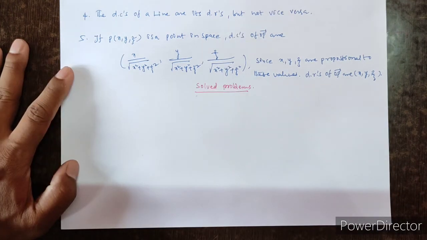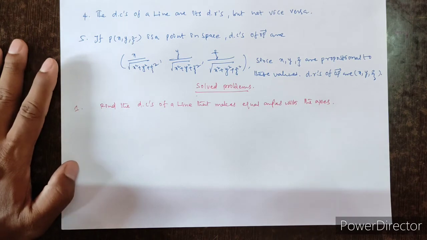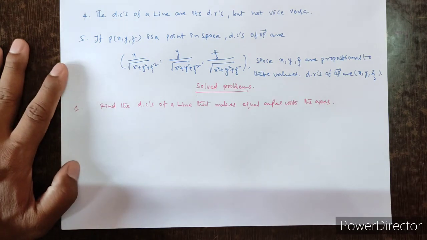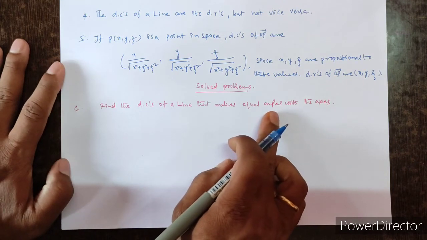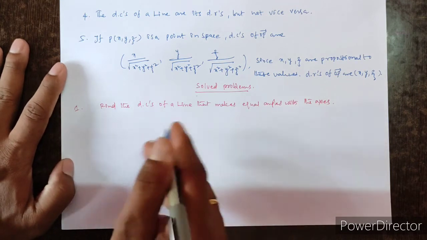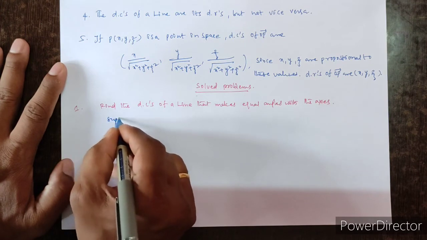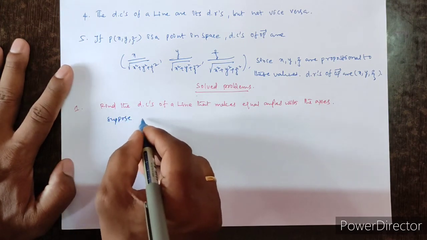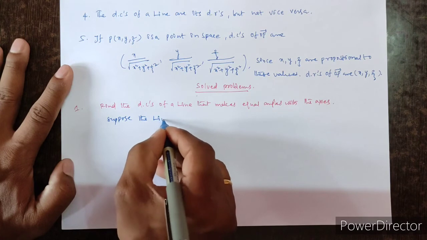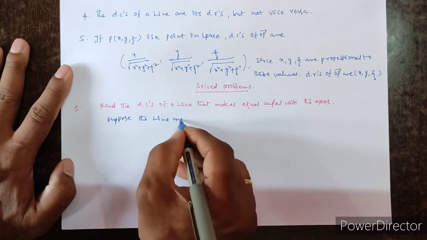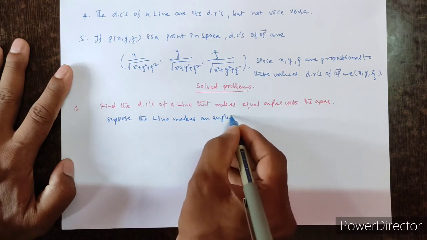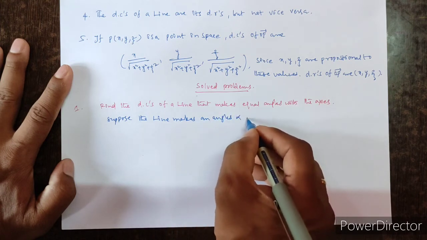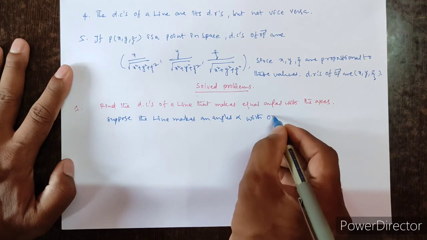Solved problems. Problem number 1. Find the direction cosines of a line that makes equal angles with the axes. Suppose the line makes an angle alpha with the OX axis.